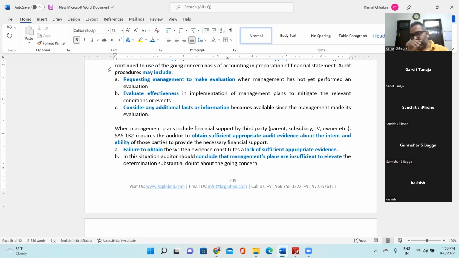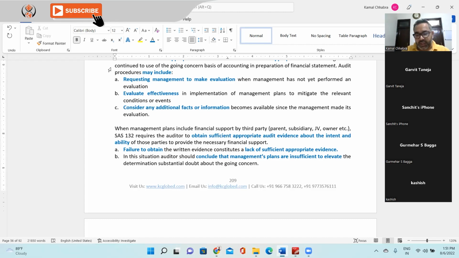Make sense? For example, let's say there's XYZ company in USA and they have a subsidiary ABC Limited in India. ABC Limited in India is recurringly incurring loss and they have negative net worth. Right? In that case of scenario, if you are an auditor of ABC Limited in India, you'll be concluding that the company may not continue as a going concern because they have recurring losses and negative net worth.